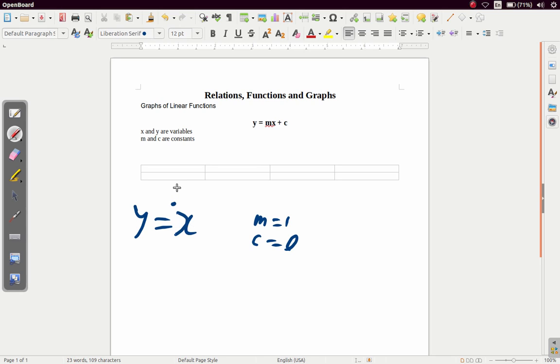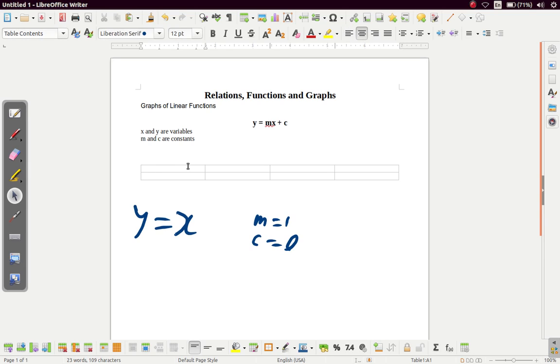Now, what we want to do is fill out the table that we have here with the relevant values. Alright? Now, in this table, we're going to have x values and y values.